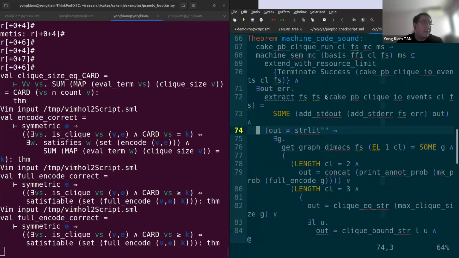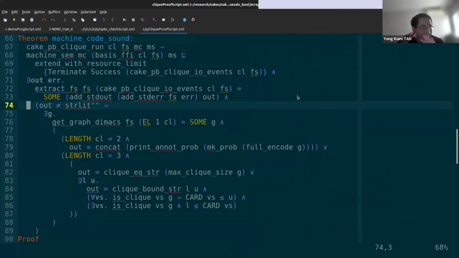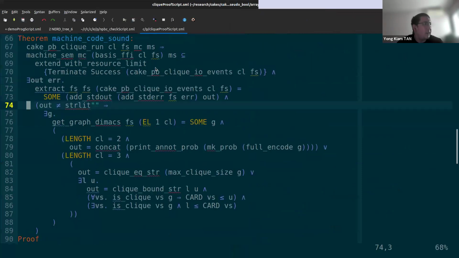And then I just wanted to quickly show the final theorem that you can build for one of these front end plus back end combinations. So this is actually the proof checker for CakePB clique, which is the CakePB with a clique front end. This is the standard theorem that's generated for CakeML proof checkers.